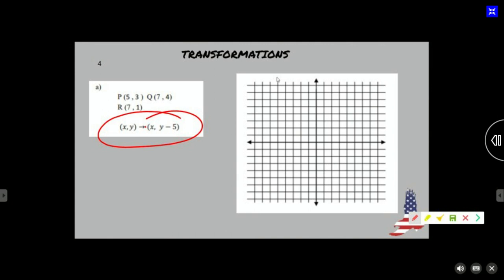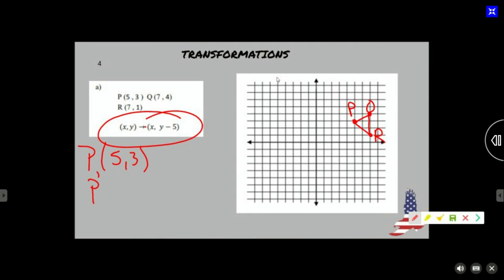So I need to plot my pre-image: right 5, up 3; right 7, up 4; 7 and 1. That's my pre-image. When I'm looking at P, it's (5, 3).